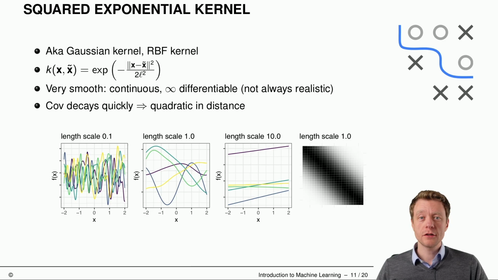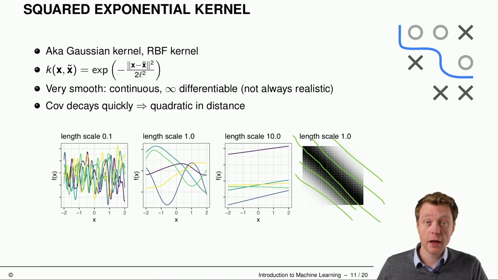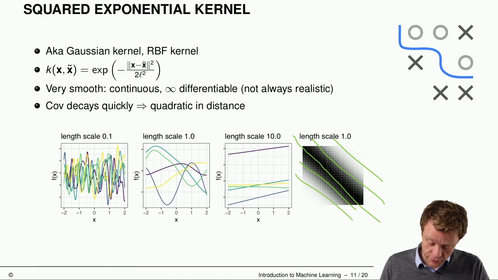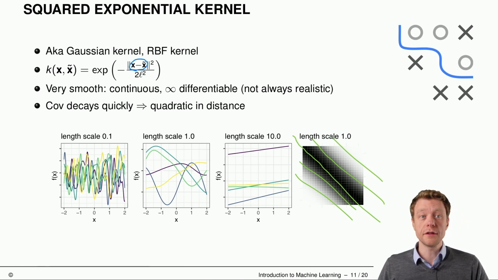Okay, moving on to some other kernel functions now. We are looking at the squared exponential kernel, which you might have seen some slides before already in this other example. We have already seen that this is a stationary covariance function, which you can see here again. So if I draw these contour lines here, they are parallel to each other, right? And you can also see it in the formula because it's a function of the difference of x and x tilde, right?